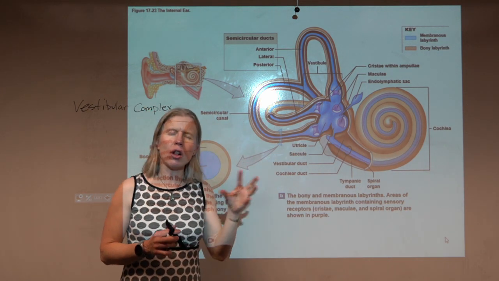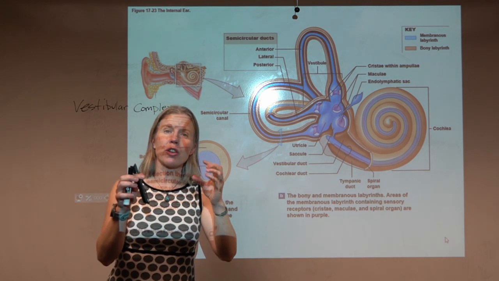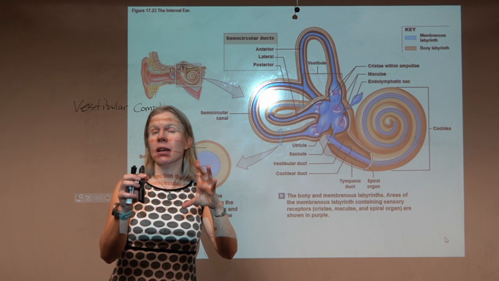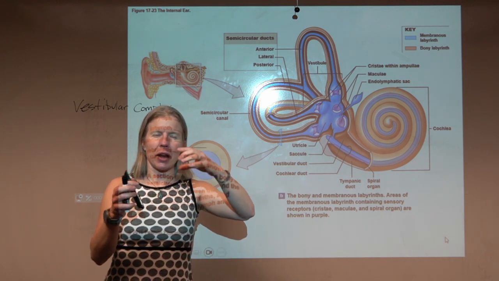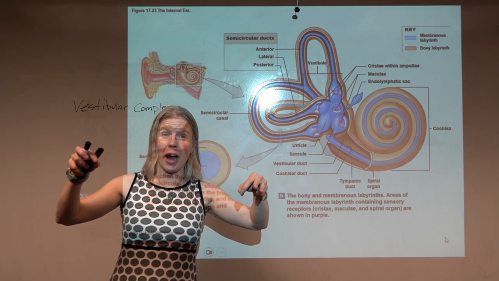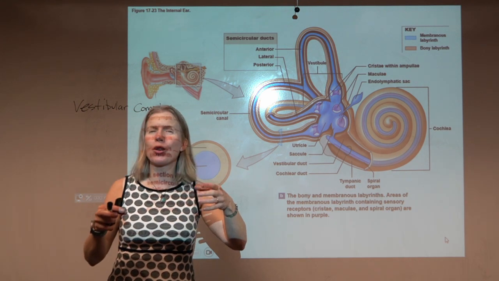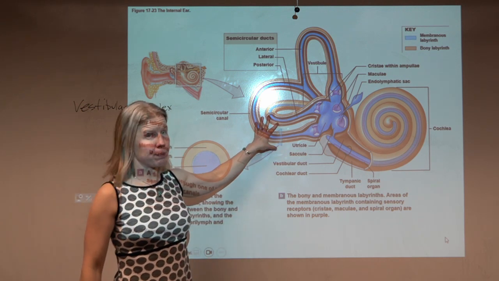And keep in mind, all of these structures are bony structures actually embedded in the temporal bone. If you're looking down in a skull, you had these two strong ridges on either side where you'd see things like the internal acoustic meatus. These are all really down in that bone, right?